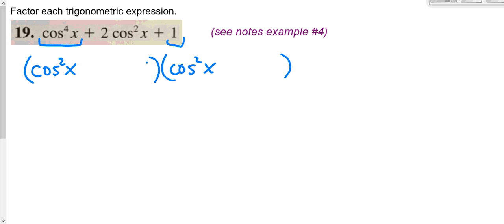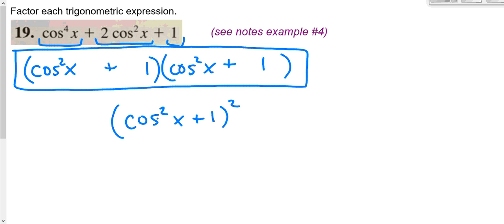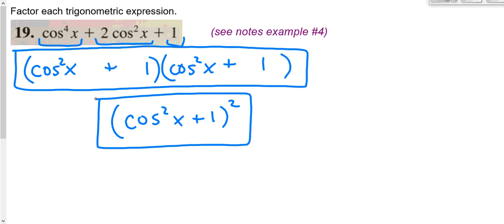And to get 1, you would multiply 1 times 1, and then plus and plus, so that in the middle they add up to 2 cosine squared x. And that's it. Oh, you know what? We could write that as cosine squared x plus 1 quantity squared, since we have the same factor twice. That would be good. Let me clean that up a little bit. So you could write it either way.